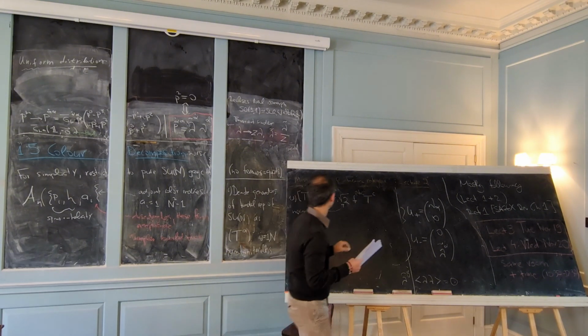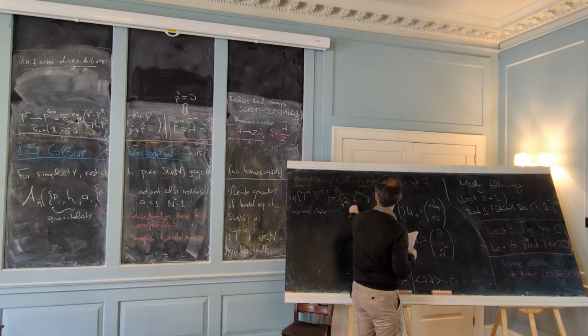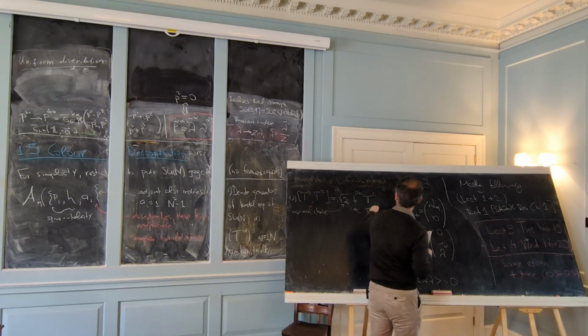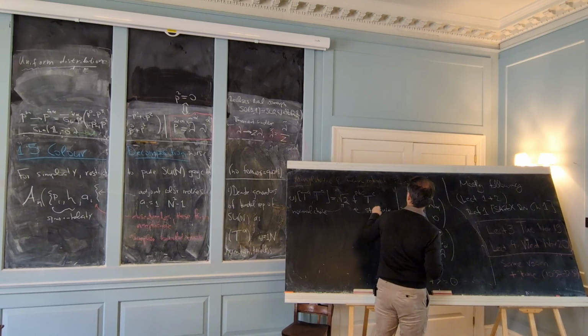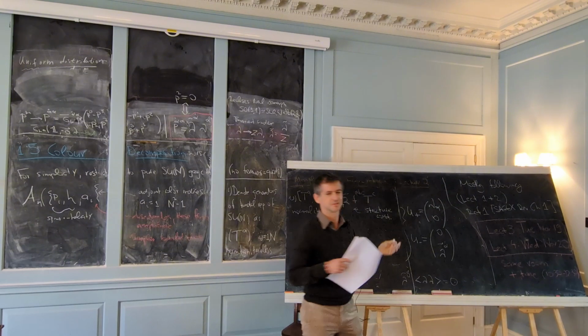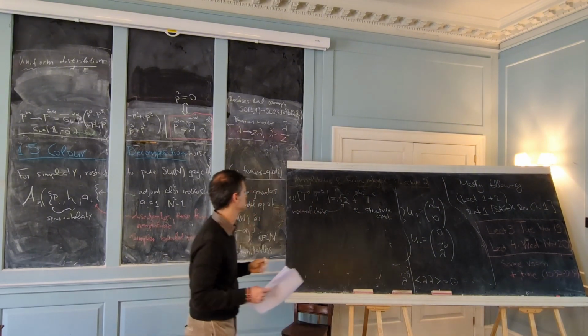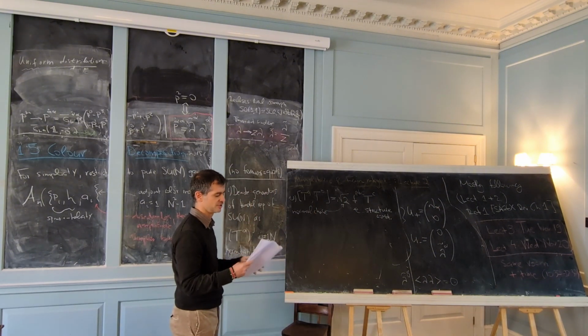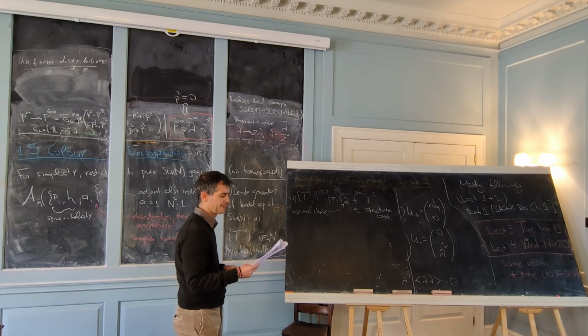And these f^{abc} are the structure constants. This is how the commutation relations of the generators of any Lie group are expressed.